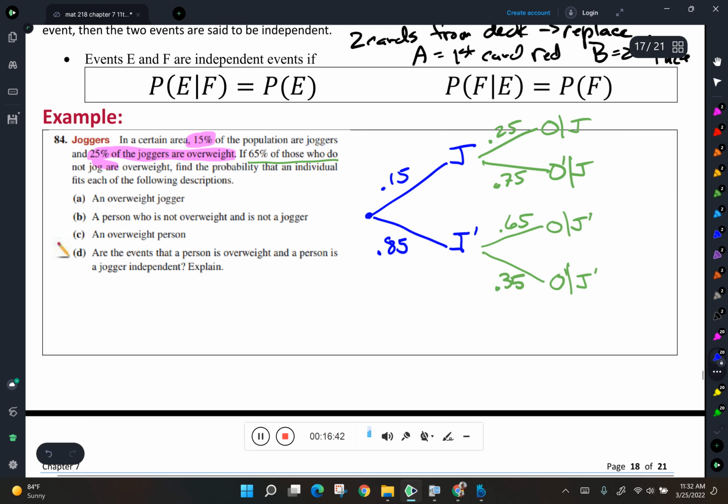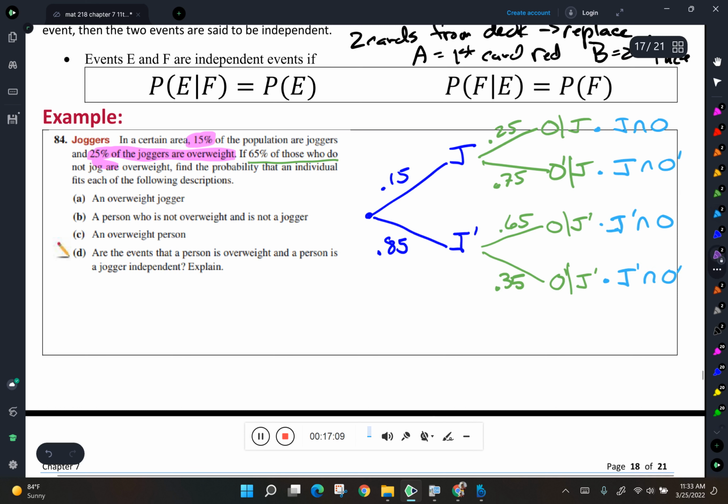I got my tree diagram all filled out. Here, this is jogger intersection overweight. Here, this is jogger intersection not overweight. Here, this is not a jogger intersection overweight. Here, this is not a jogger intersection not overweight.